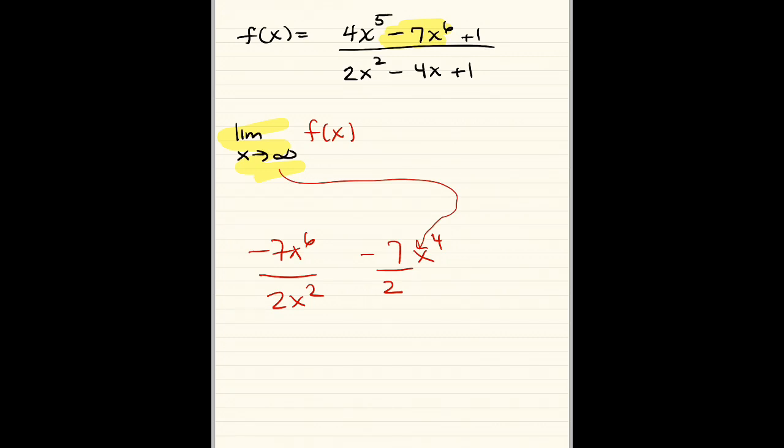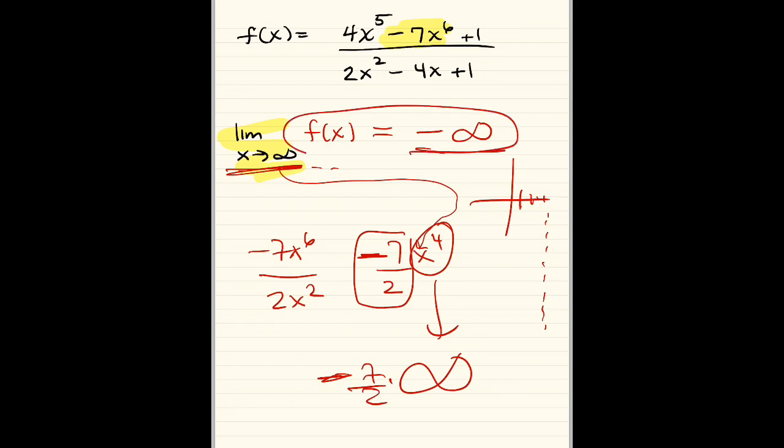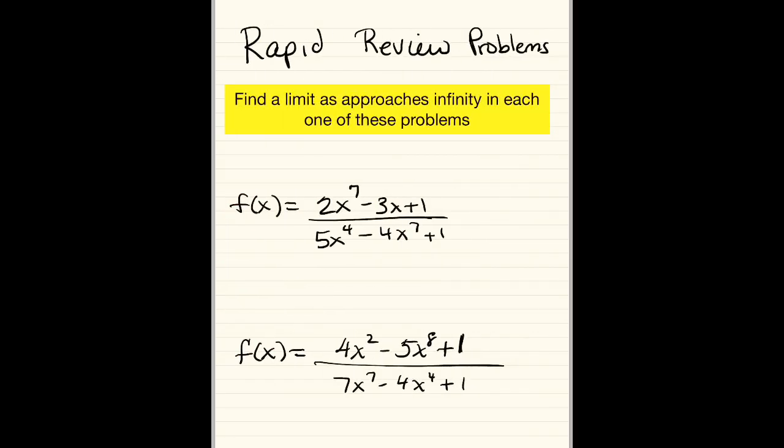So infinity to the 4th is infinity, but times it by this negative, it became negative infinity. The 7/2 is not going to have an effect on him, so we don't care about that. But timesing him by the negative basically says, hey, as you go more and more to the right in the graph, this graph is going to start going down. Okay, because remember that this is the y. So where's the y going? So it's going down.